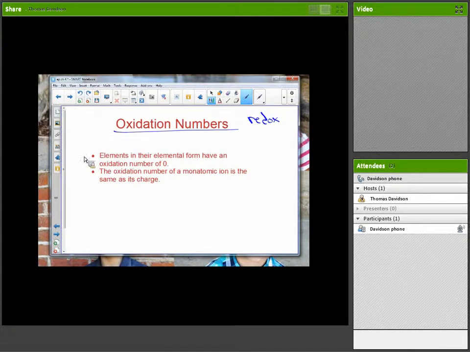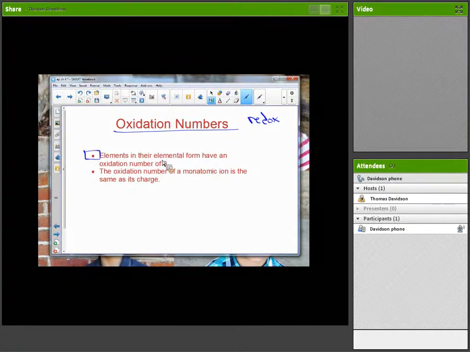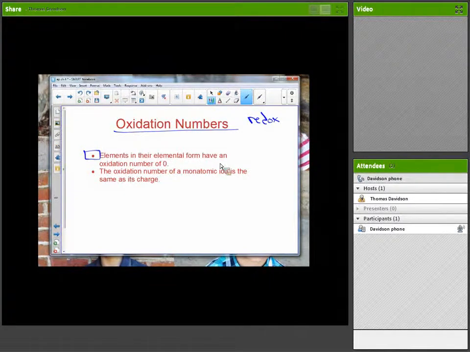But the first rule is if you have an element in its elemental form, its oxidation number is 0. Yep. So like chlorine is elementally found as Cl2. All right. If it was Cl1, it'd be all sorts of nasty, and we wouldn't be happy. Okay. So first off, piece of cake. If it's a lone element, it's a 0.